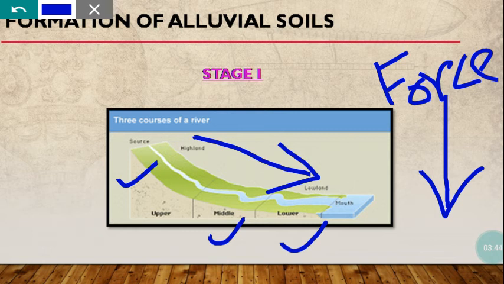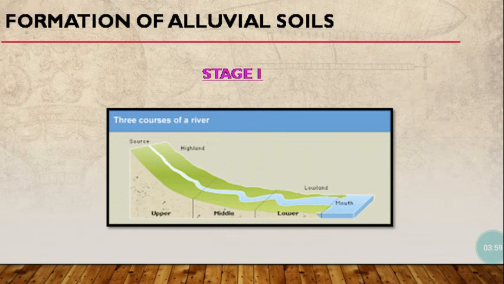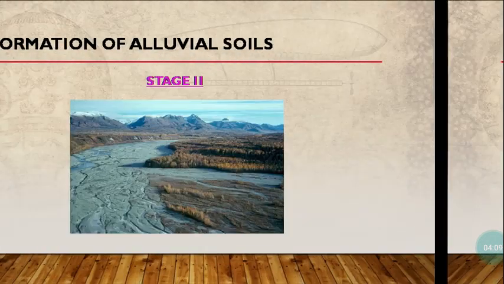As the force is reducing, whatever materials the river carried from the upper course, in the lower course, due to less force, the river cannot move very fast or move too far with these materials. So what happened next?